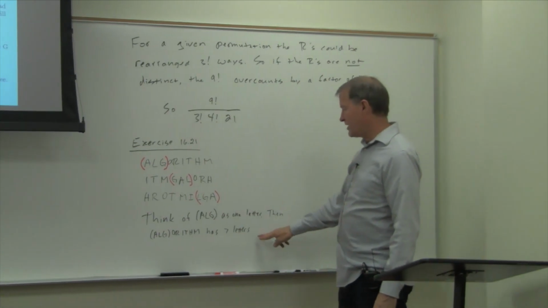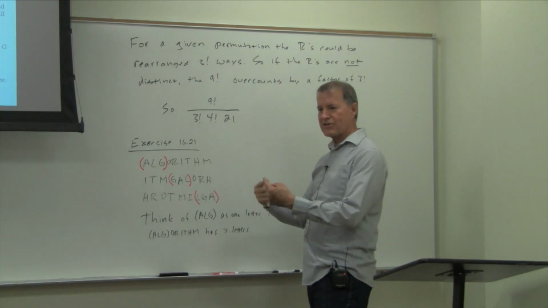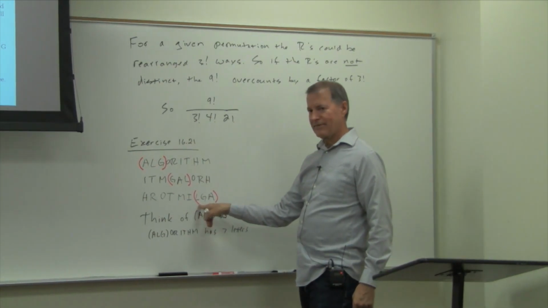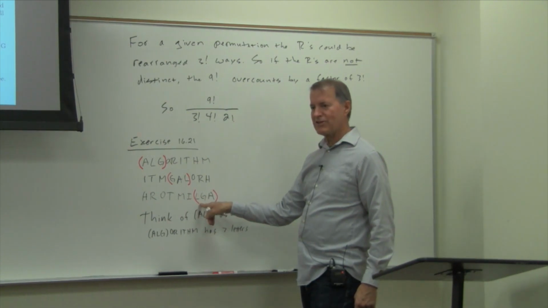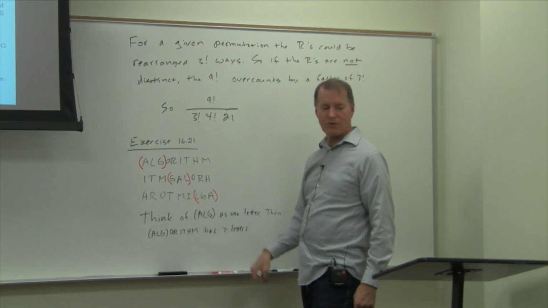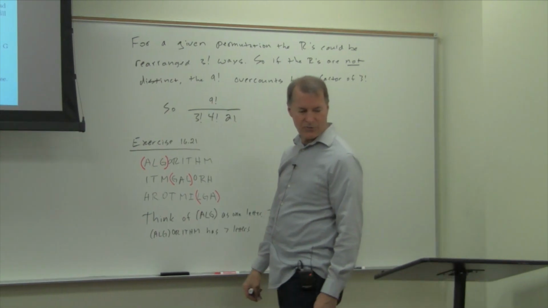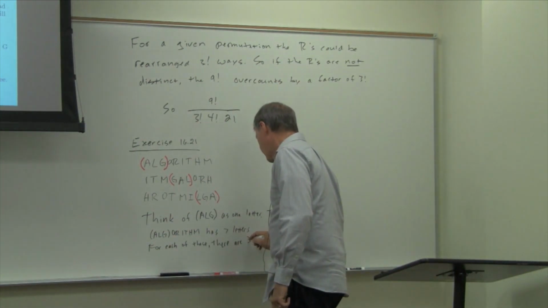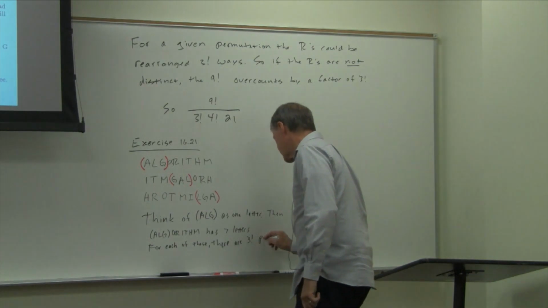And for each permutation of the 7 letters, there's a permutation of those. So that's the rule of what? For each of these, there are 3 factorial permutations of ALG.